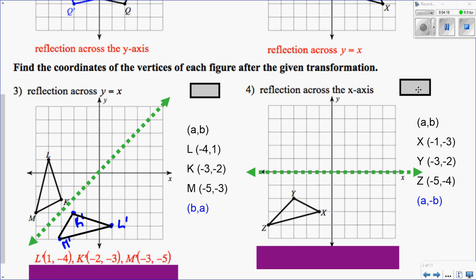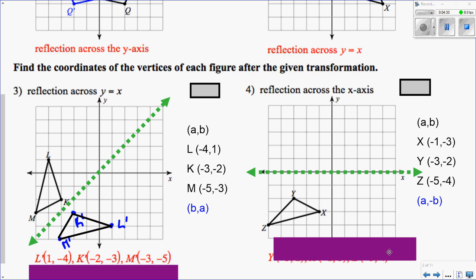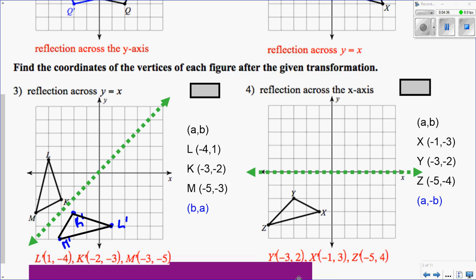If you got that, good. So now our A will stay the same and our B will change. For X it will be (negative 1, 3). For Y it will be (negative 3, 2). And then for Z it will be (negative 5, 4). Put that under here.